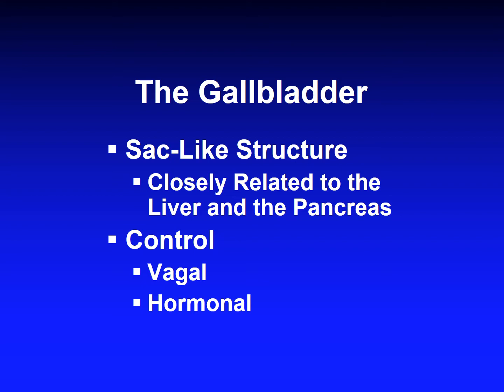So that's a very important concept: we have two types of controls. We have the vagal control and we have the hormonal control via cholecystokinin or CCK. But next we will be talking about how the gallbladder secretions are important in the gastrointestinal functions, which is our main topic here.